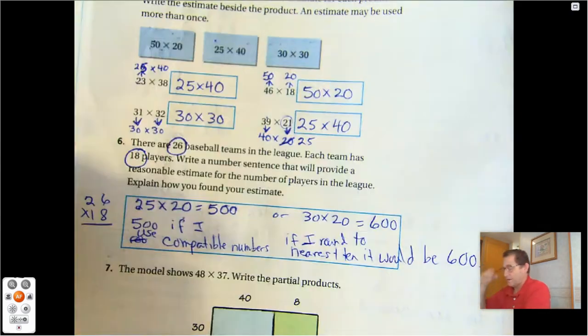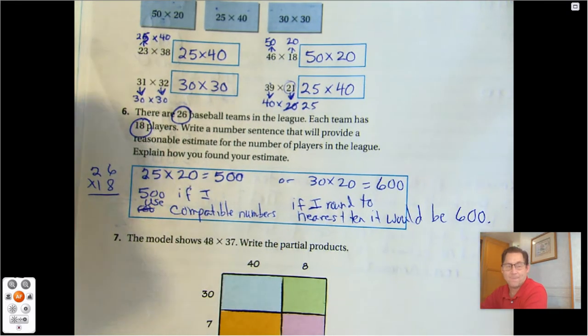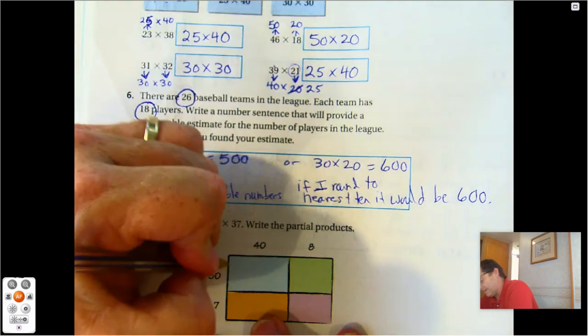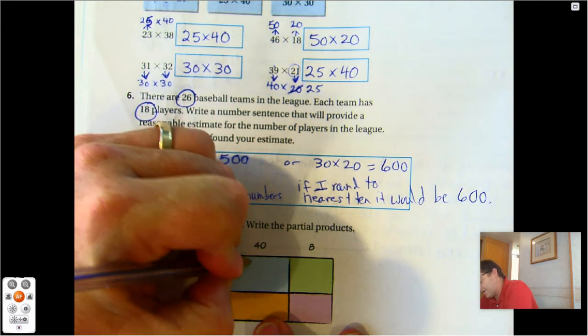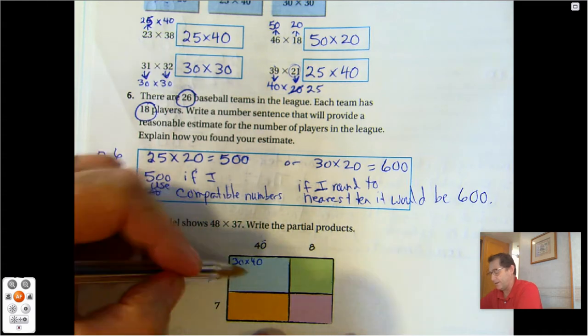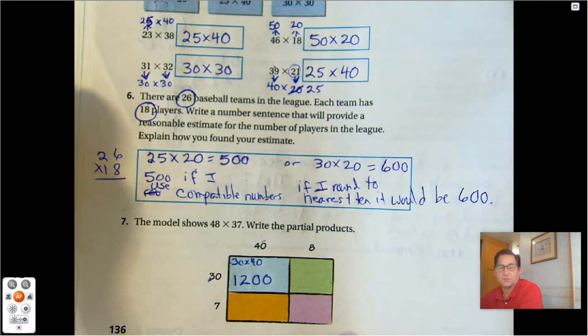All right, the model shows 48 times 37. Write the partial products. All right, so the first one is 30 times 40. This box here is 30 times 40. 4 times 3 is 12, and they both end in 0, so 1200.